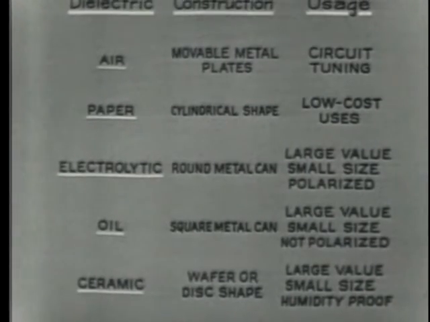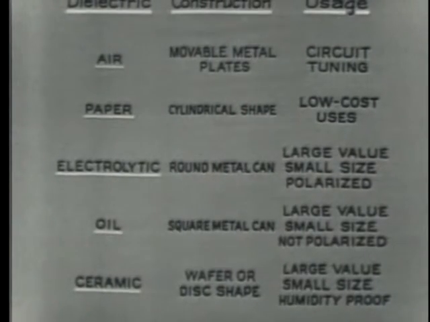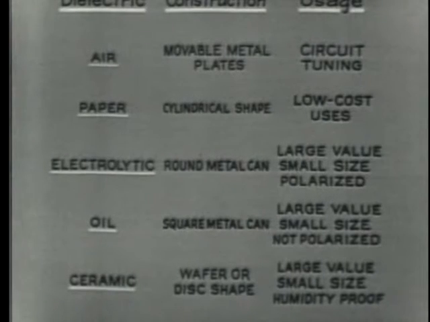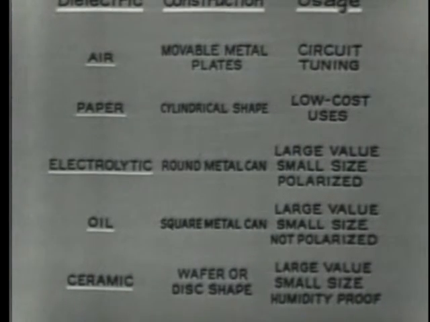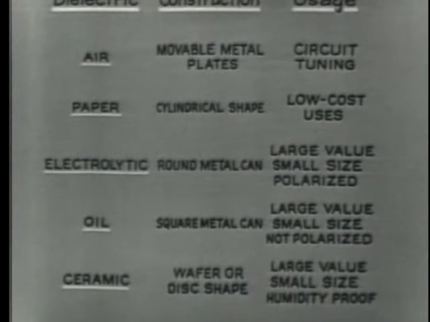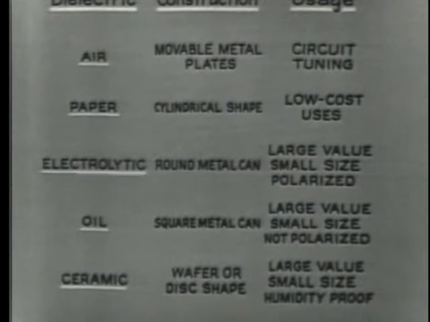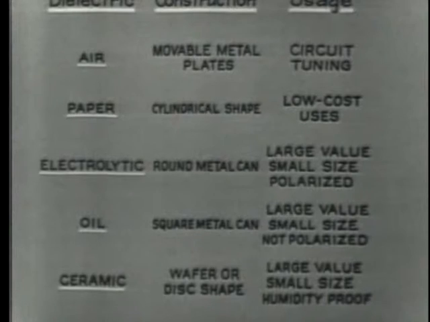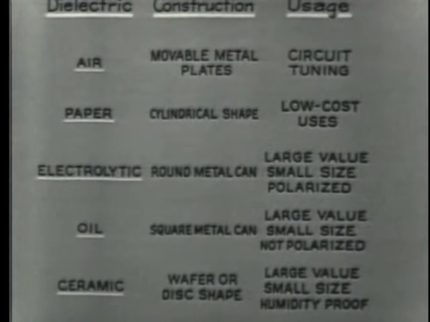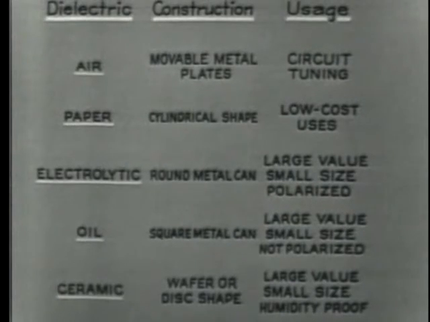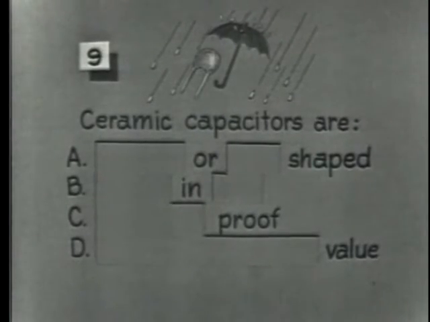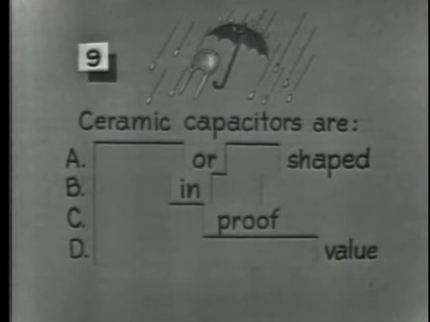Now we have discussed 5 different capacitors: air, paper, electrolytic, oil, and finally, the ceramic. The ceramic capacitor is wafer or disc-shaped, small in size, and has small capacitance and is humidity-proof. Now complete number 9 on your response sheet.